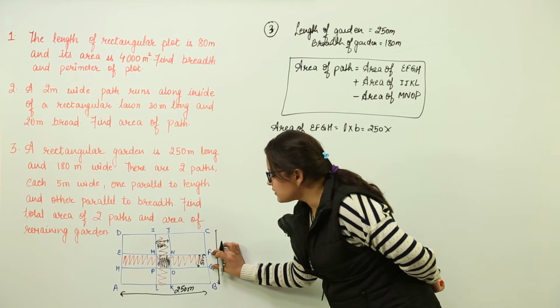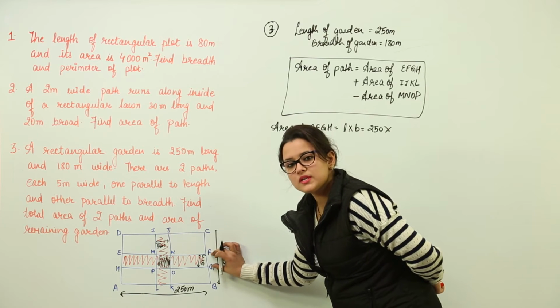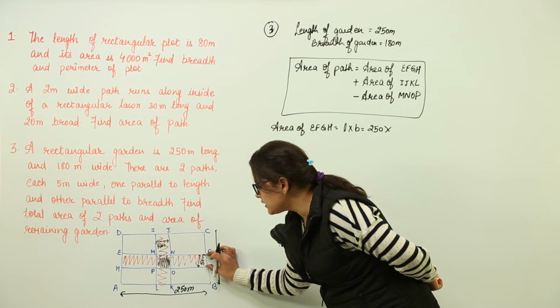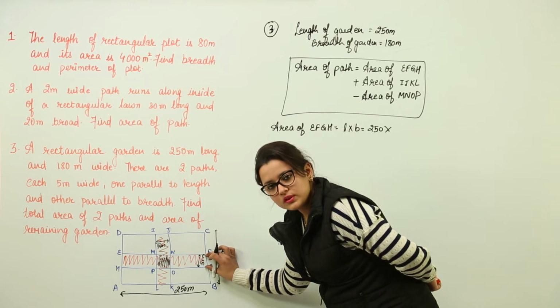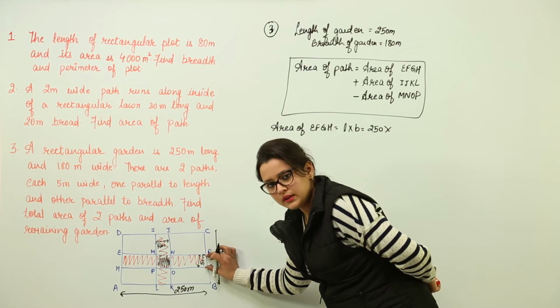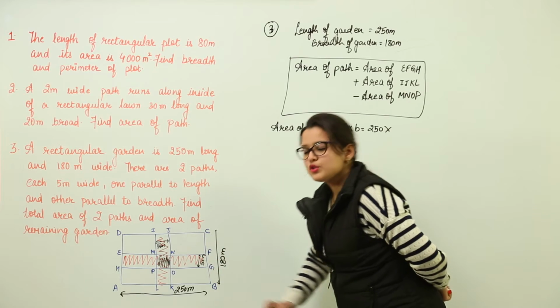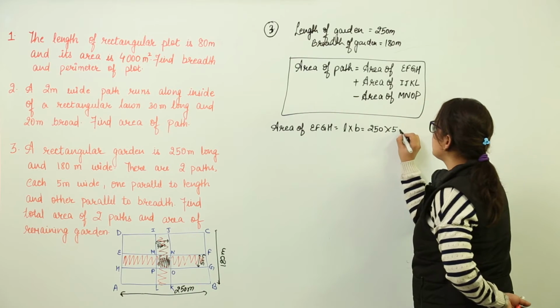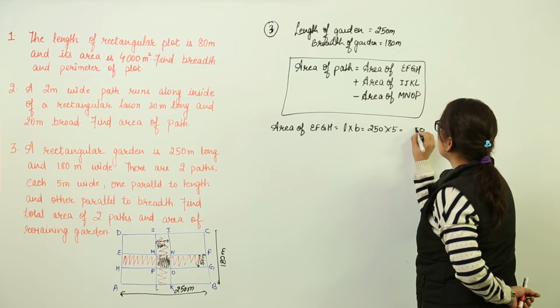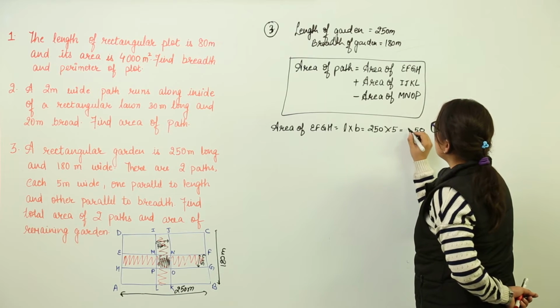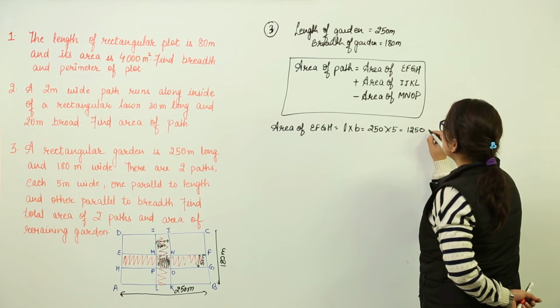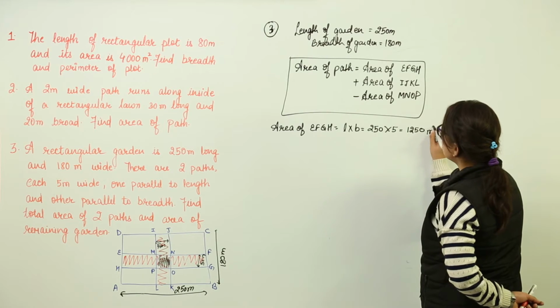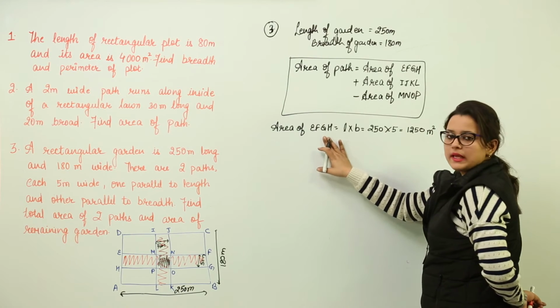The breadth of this rectangle is given to us as 5 meters because it is the width. So the width of the path is actually the breadth of this particular rectangle. So we'll write the breadth as 5. So we get 0, 5 times 5 is 25, 5 times 2 is 10 and 1, 2, 1250 meters square as the area of rectangle EFGH.